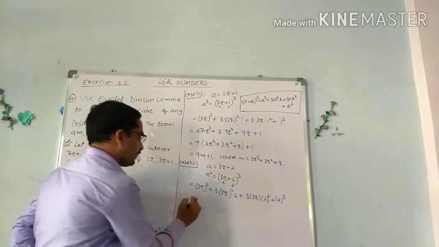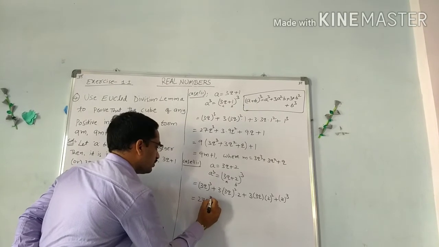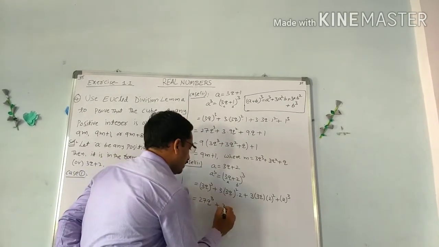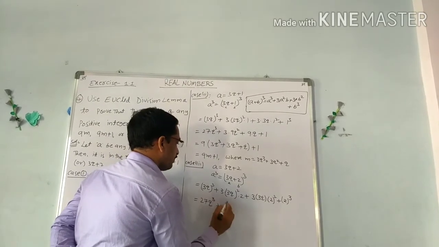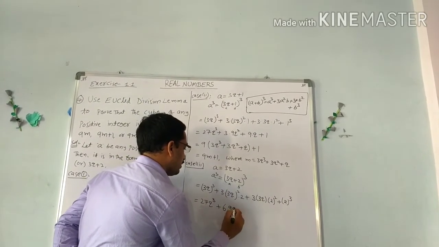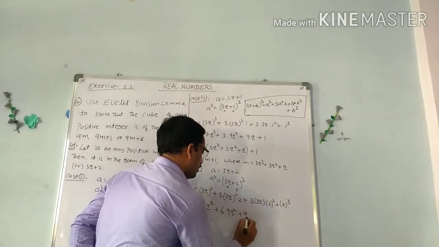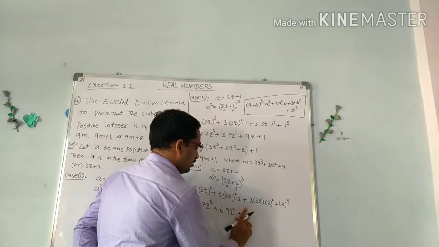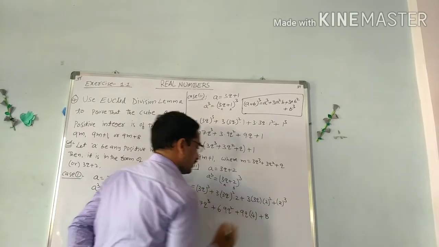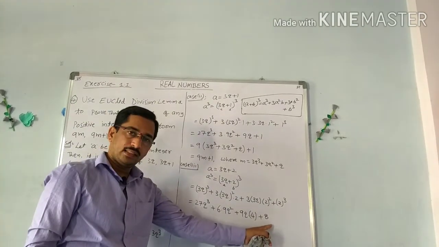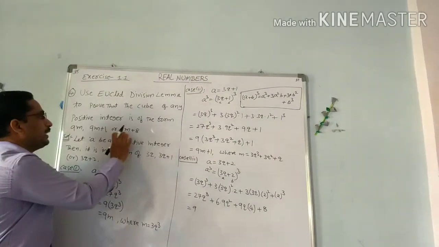Now again, same: 3q whole cube value 27q cube, plus 3 into 2, 6, 3q whole square value 9q square, plus 3 into 3, 9q, into 2 square value 4, plus 2 cube value 8. Same, put 8 as it is. Now take 9 common from the first 3 terms because we want to represent the 9m plus 8 form.